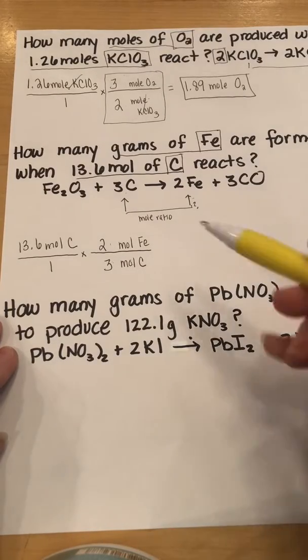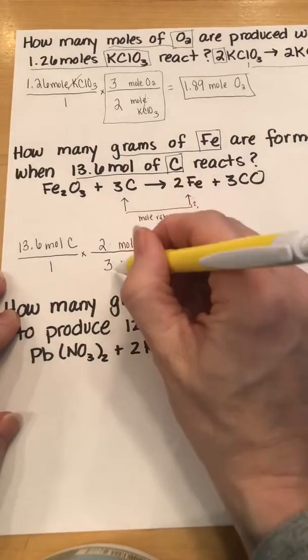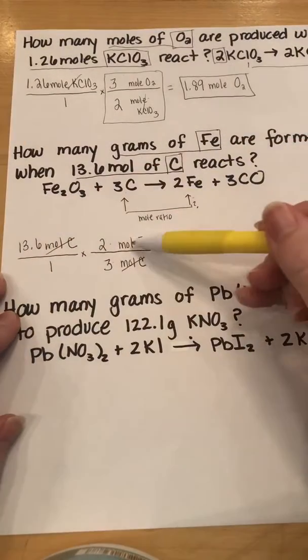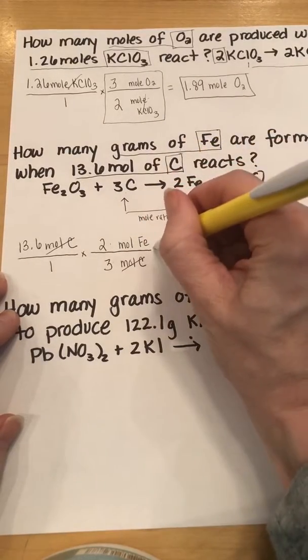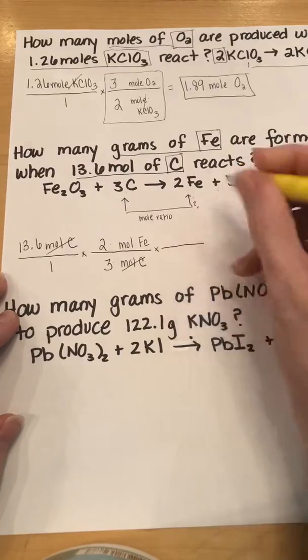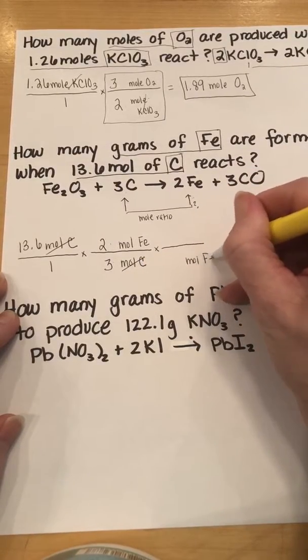So for this problem, I need to take it one step further. Right now, the moles of carbon canceled. I'm in moles of iron, but the problem asks for grams of iron. So I need to take it one step further. Moles of iron is on top, so moles of iron is going to go on the bottom.